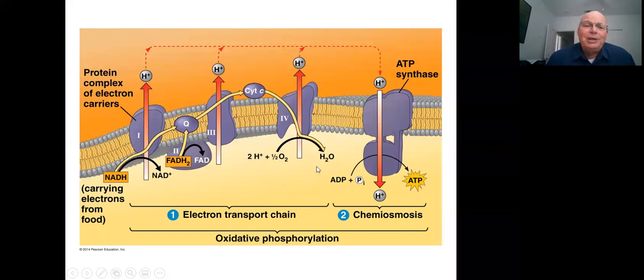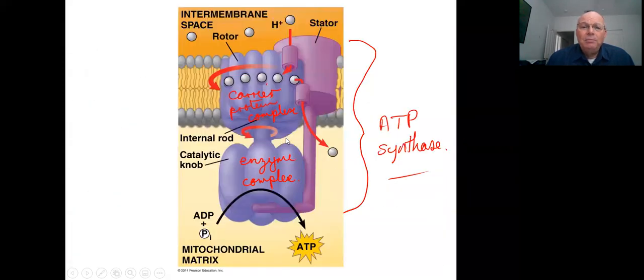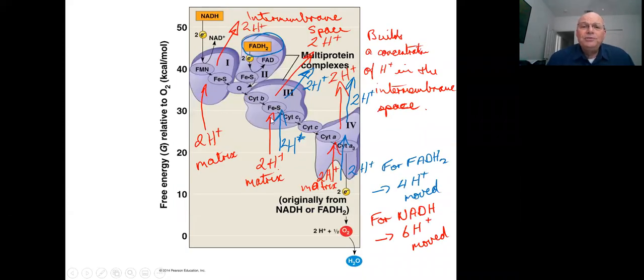So this is not a bad summary diagram of oxidative phosphorylation. Do you need to know this diagram of the ATP synthase? No, I'm not going to ask you about that. Do you need to know this diagram in detail? A little bit.